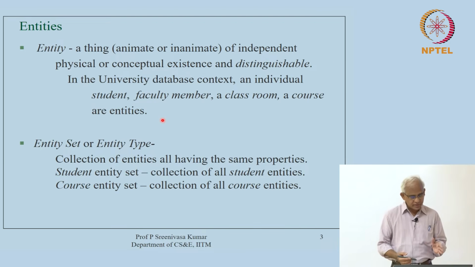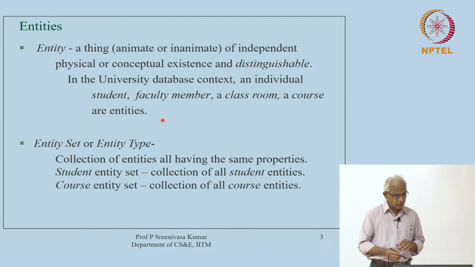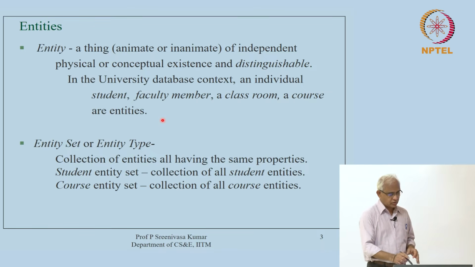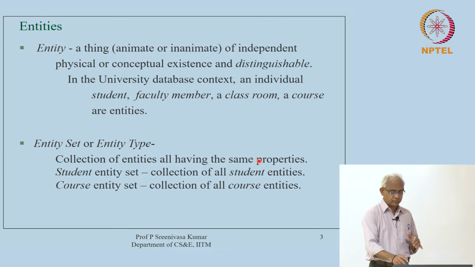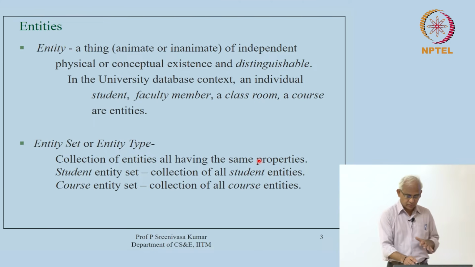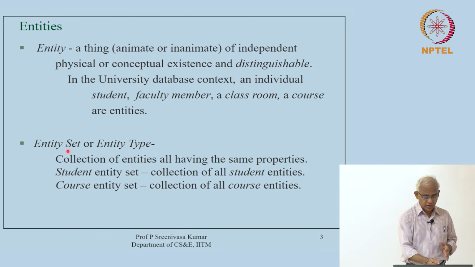Now, the concept of entity set or entity type is also associated with this. Basically, the collection of entities all having the same characteristics or properties are together called the entity set or entity type.